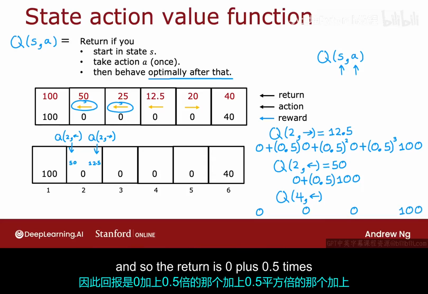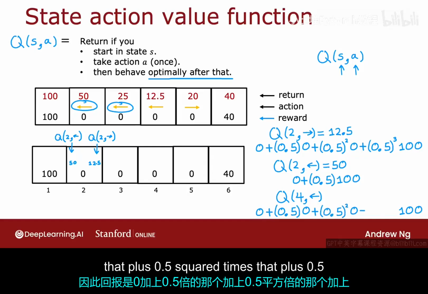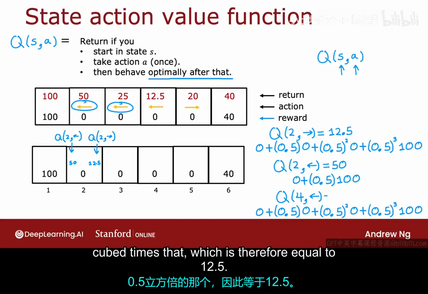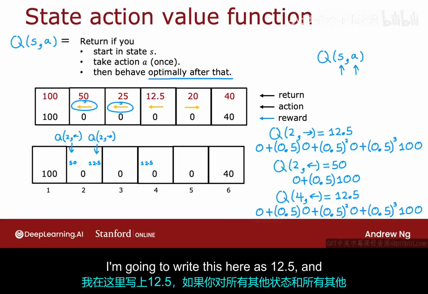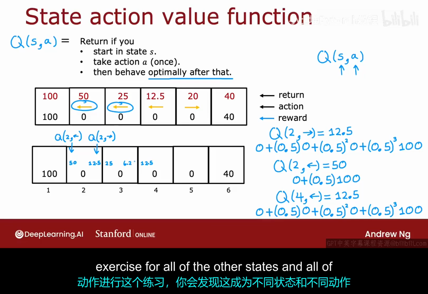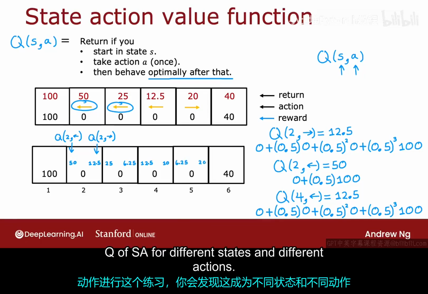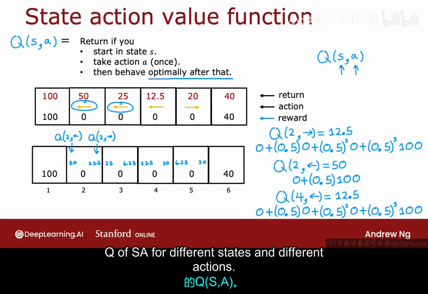And so the return is 0 plus 0.5 times that, plus 0.5 squared times that, plus 0.5 cubed times that, which is therefore equal to 12.5. So Q of 4, left is 12.5. I'm going to write this here as 12.5. And it turns out if you were to carry out this exercise for all of the other states and all of the other actions, you end up with this being the Q of S, A for different states and different actions.